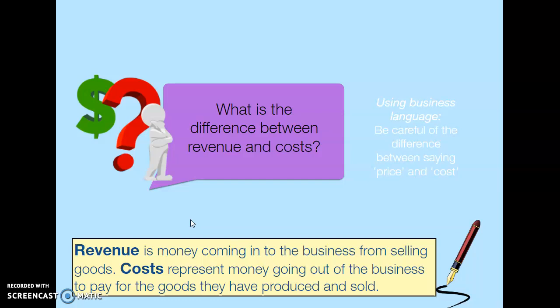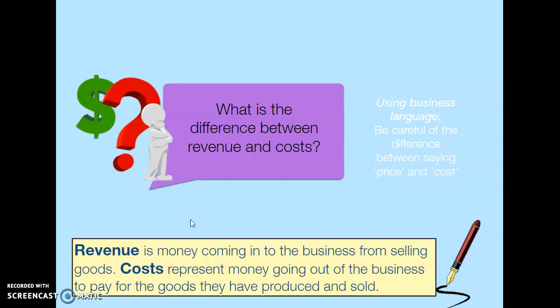For instance, for Cadbury's, the revenue is going to be all the chocolate bars that I've sold, so all the money that I make from selling those chocolate bars. But the costs will be all those costs I needed to use for the production of that Cadbury's bar, like paying the workers that were in the factory to develop that bar, paying for things like advertising for the company, the wrapping paper and so on.